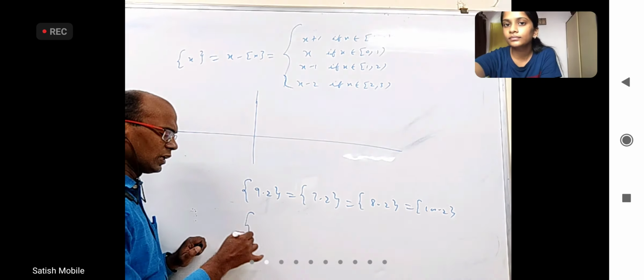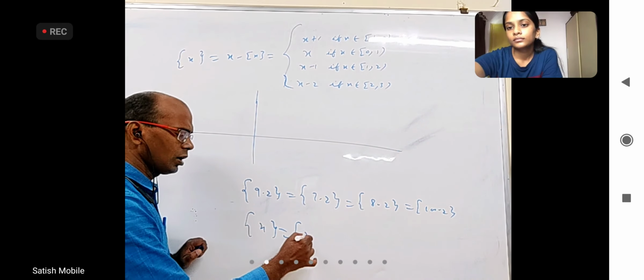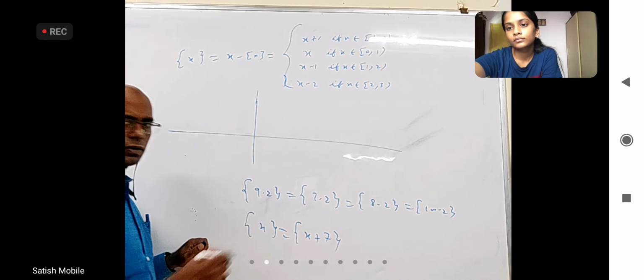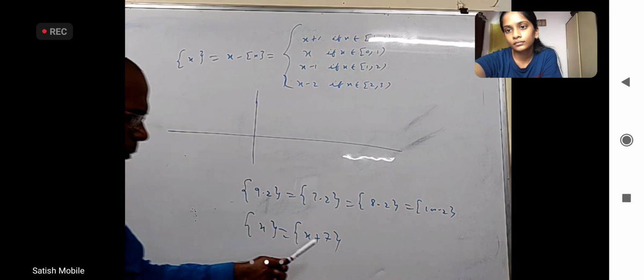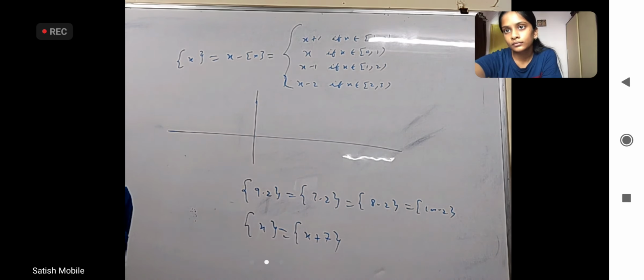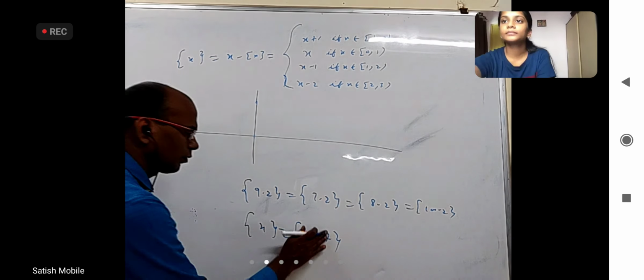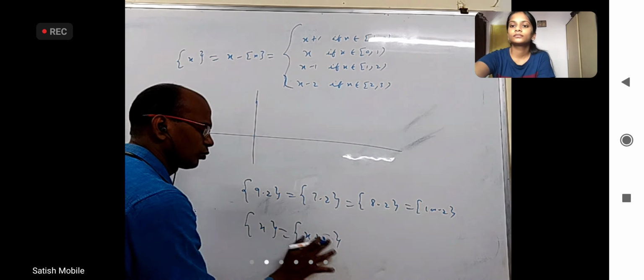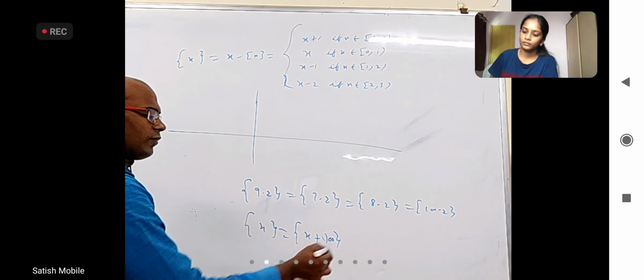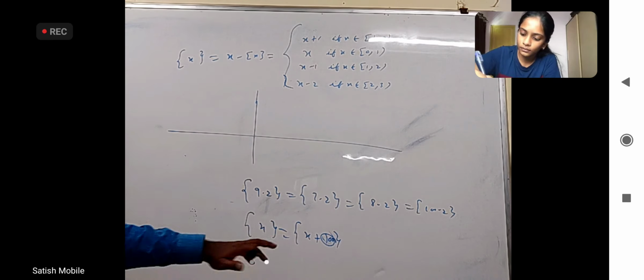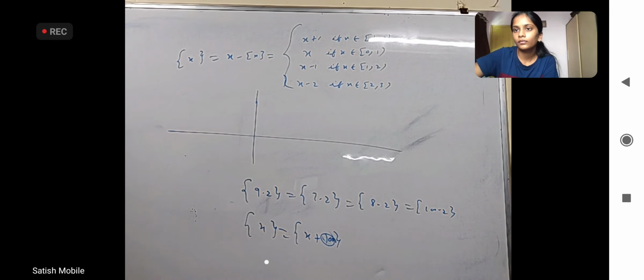That means if you take x or x plus 7, the fractional part will be the same. Because by adding 7, you are changing the integer part, but you cannot change the fractional part. Why only 7? You can write 5, you can write 1, you can write 100. Whenever you add an integer, you are increasing the integer part, but you are not changing the fractional part.